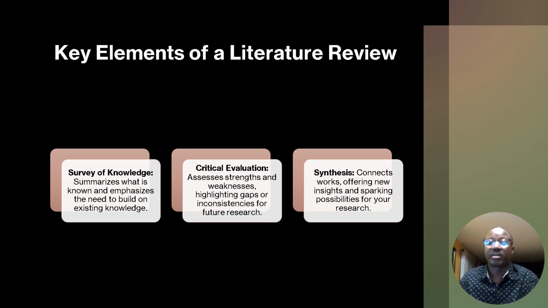Critical evaluation helps to find strengths and weaknesses of the study and also identify gaps. So for synthesis, it is connecting works, offering new insights, and sparking possibilities for your research, the future research.